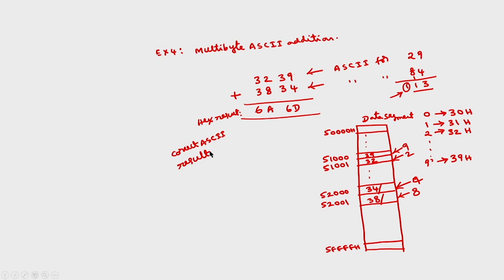This is 9 plus 4, which is 13, so the carry flag will be set and this will be 3, meaning 33. This is 8 plus 2, which is 10, the carry flag will be set, and 0 means 30. This is the correct result that I want to store. This is the ASCII corresponding to 0, and this is the ASCII corresponding to 3.